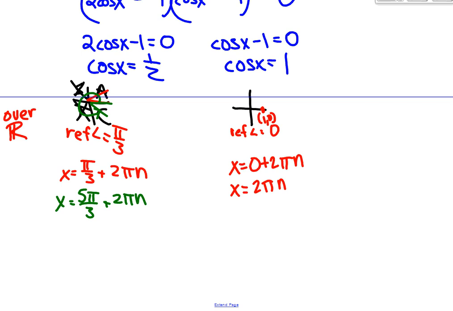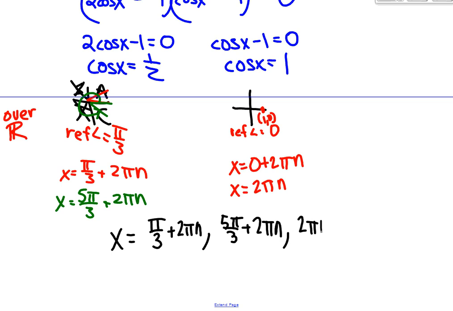So we have 3 solutions here. So we say x equals pi over 3 plus 2 pi n, comma, 5 pi over 3 plus 2 pi n, and 2 pi n as our 3 possible answers. And that's because it's over the real numbers and not just in that interval.